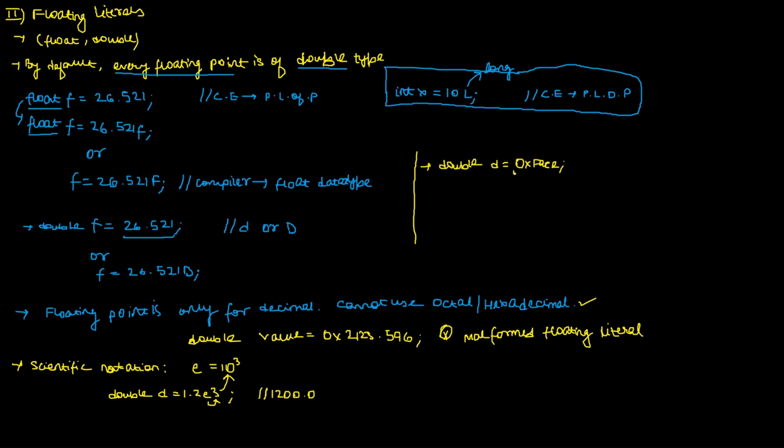I'm just using a hexadecimal literal, which I'm storing into a double data type. This is an integer literal, and we can definitely store it into a double type variable as well. So there is no problem with this. The problem lies in floating point literals being used in octal or hexadecimal format.